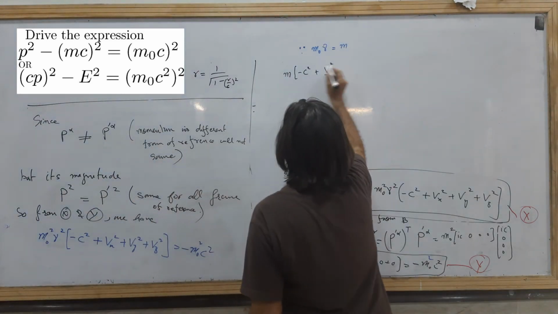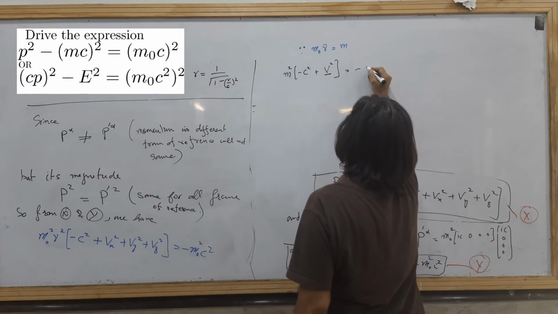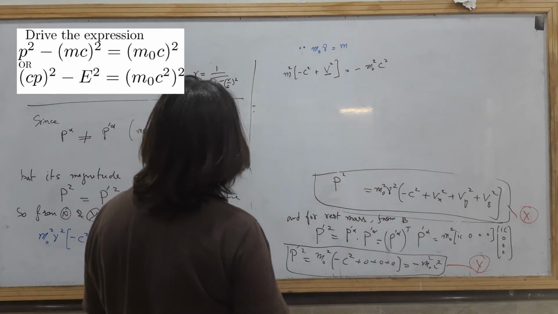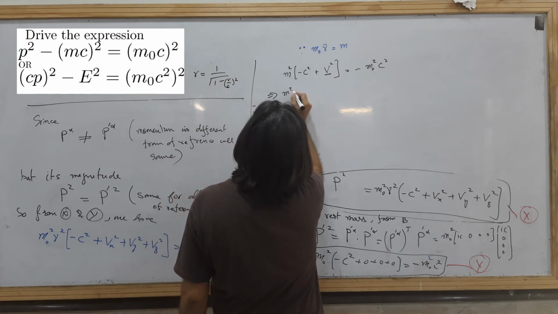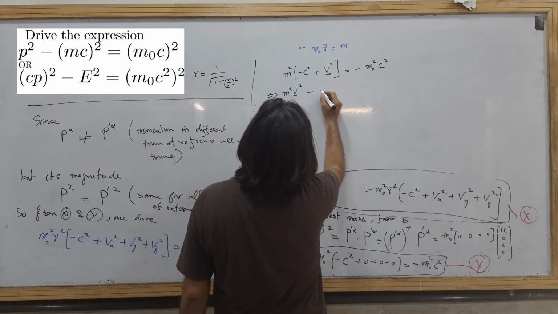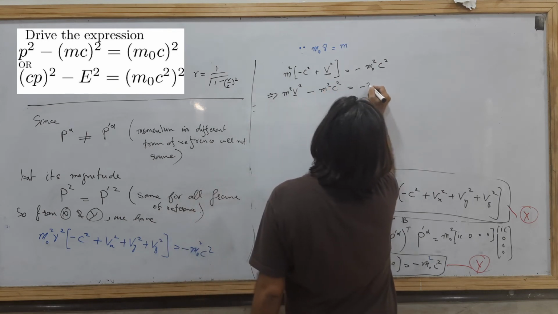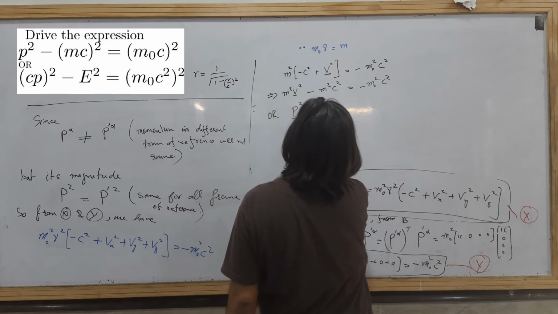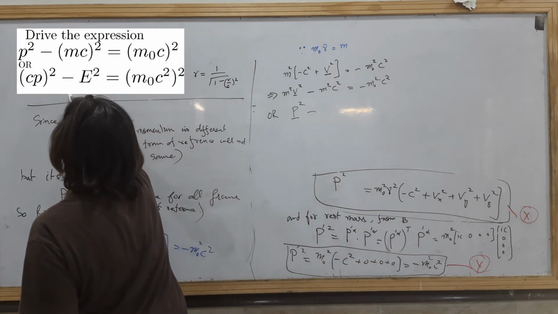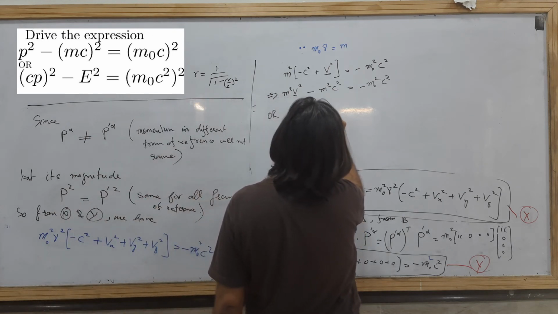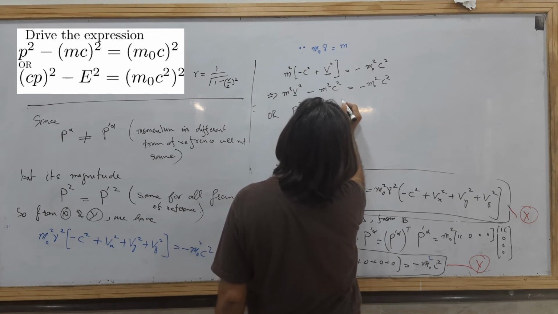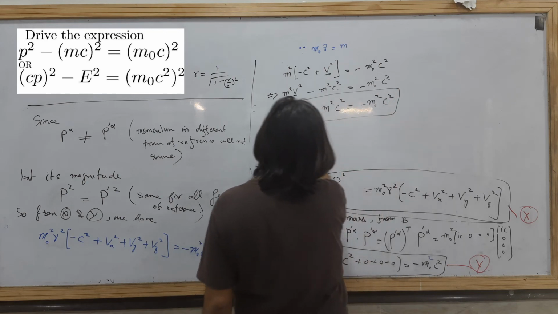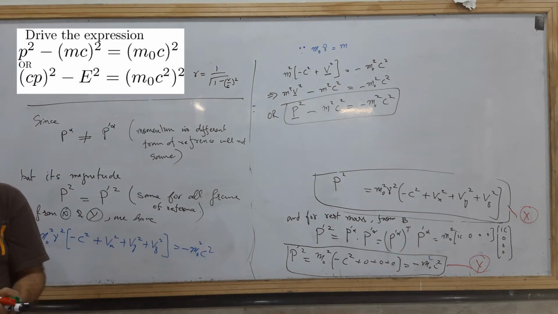Okay, m square minus m naught square c square. This will be equal to this. Okay.